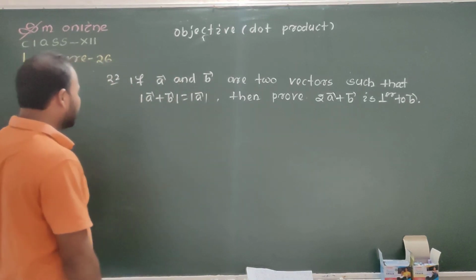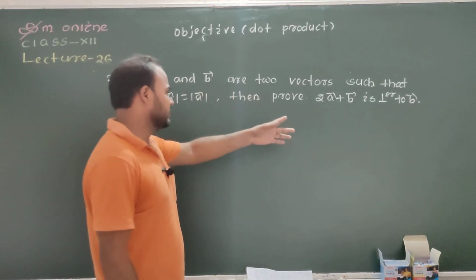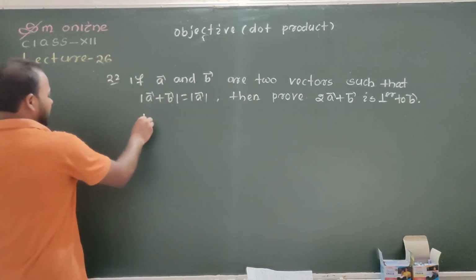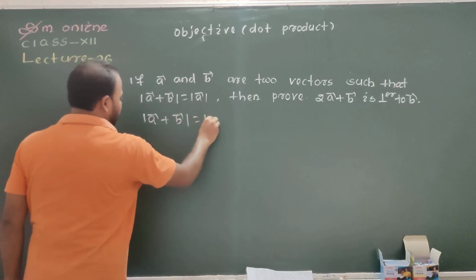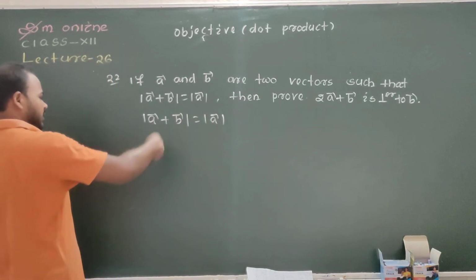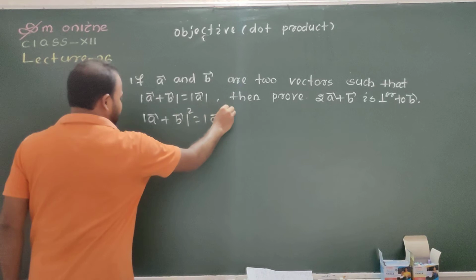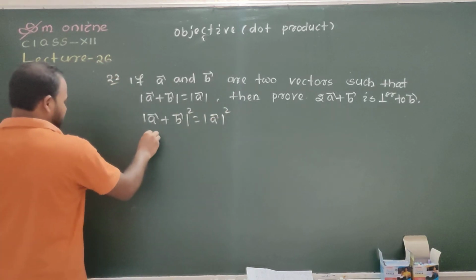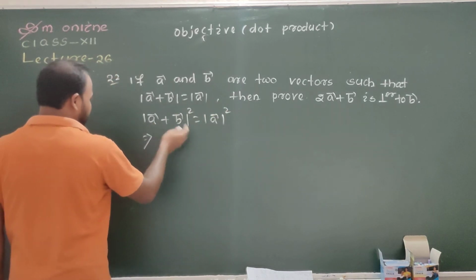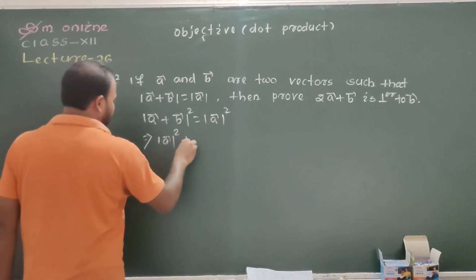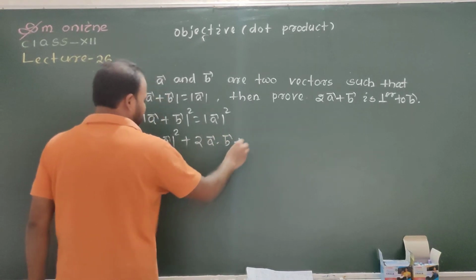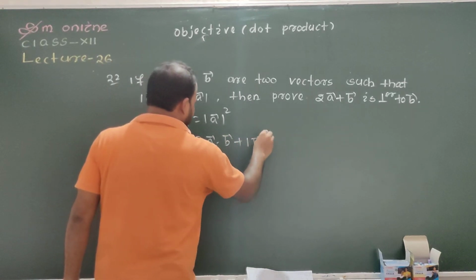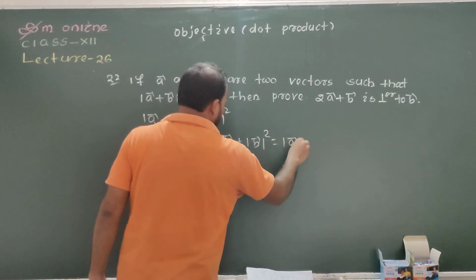Now here vector A and vector B are two vectors, and magnitude of vector A plus vector B equals magnitude of vector A. Squaring both sides, that means vector A dot vector A, that is magnitude of A square, plus 2 into vector A dot vector B plus magnitude of B square equals magnitude of A square.